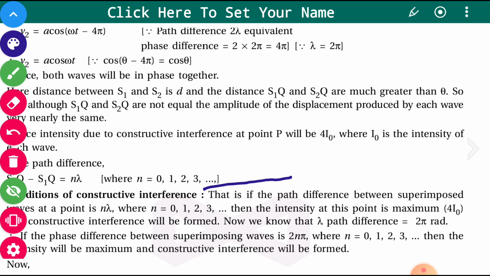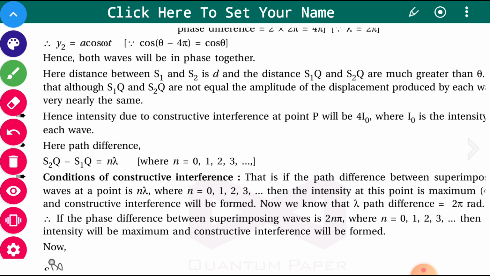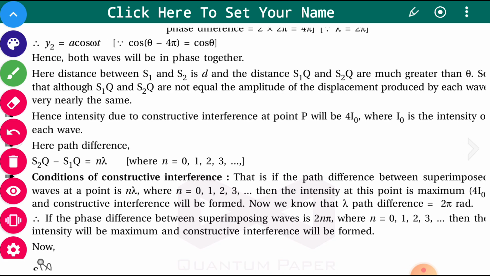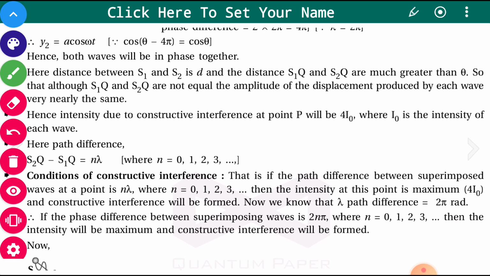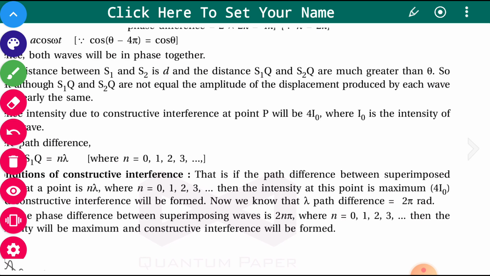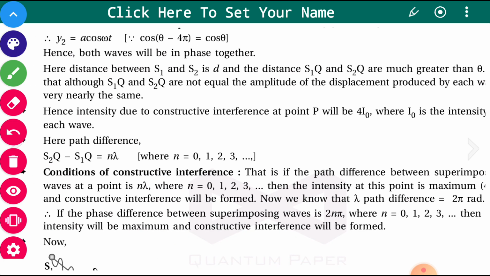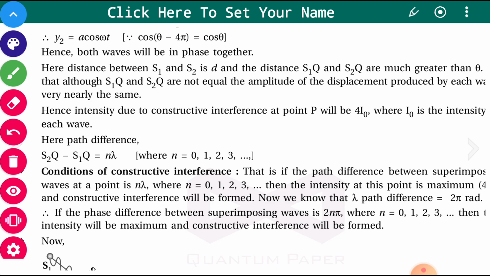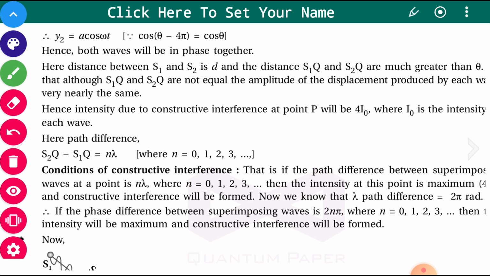So we can treat the amplitude of the displacement produced by each wave as very nearly the same, or we can say the displacement produced at point Q will have the same amplitude from both the waves.